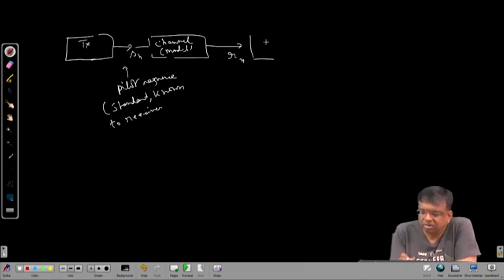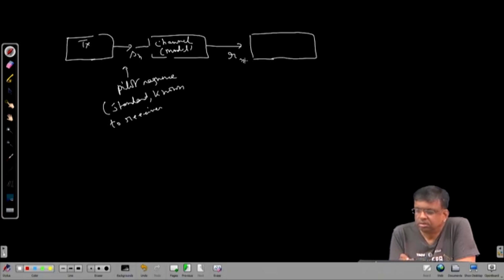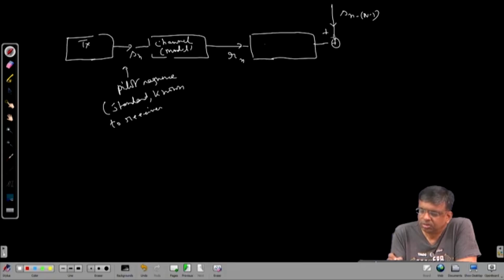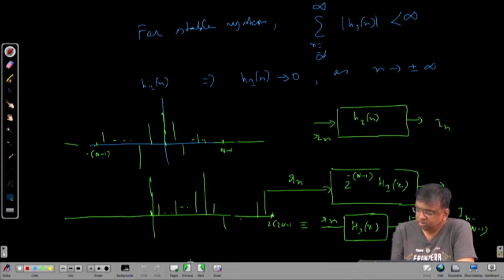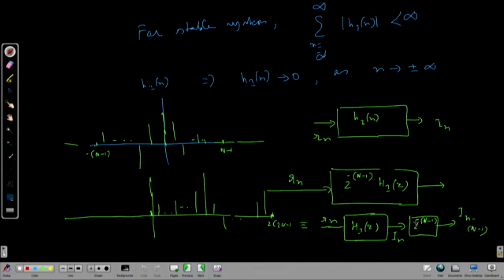So you construct a filter, and this s[n], which is known to you, you delay by this amount. This is the optimal filter you design so that the output is a good estimate of this. In this case we know the model: if r[n] is passed through this and then delayed, you get back this thing.